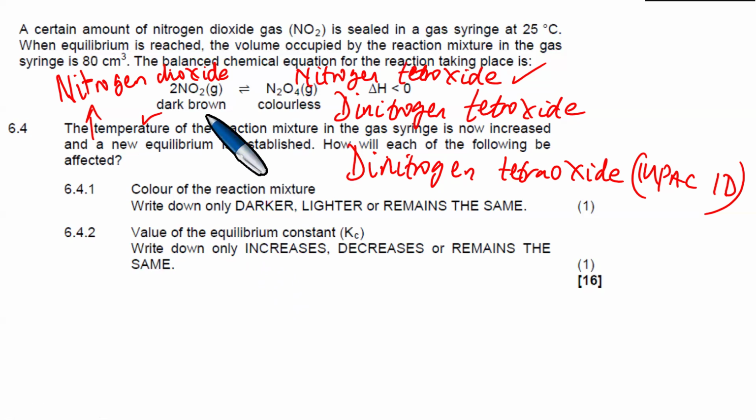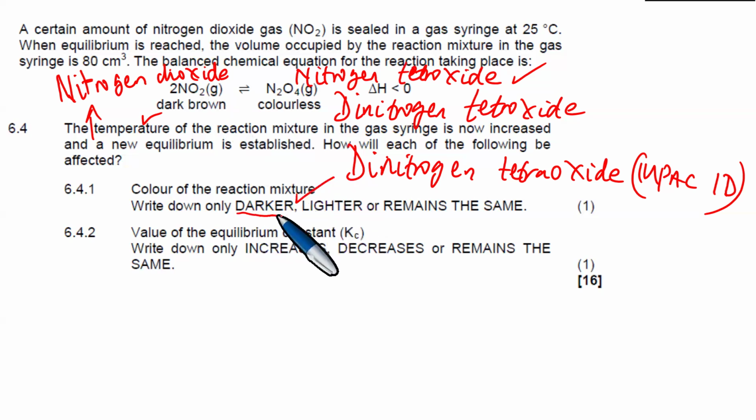In other words, we expect that the rates of both the forward and reverse reactions will increase, but the amount of N2O4 will decrease while the amount of NO2 increases, and therefore it's going to be darker.